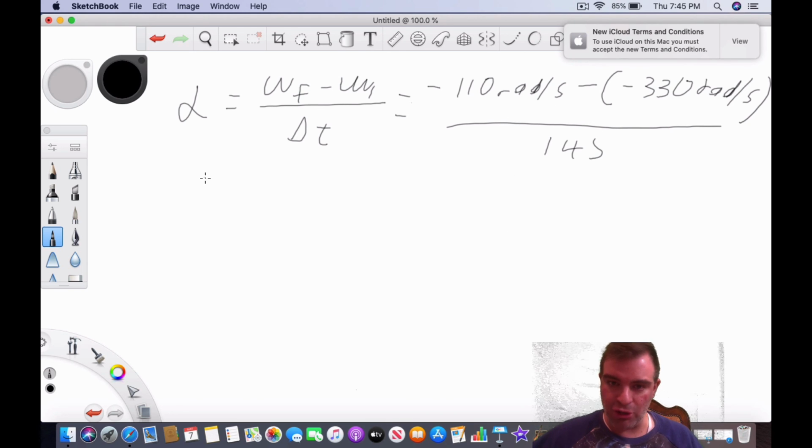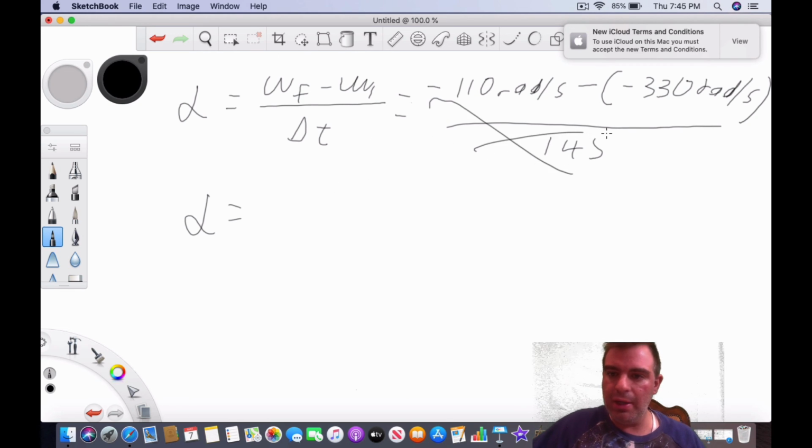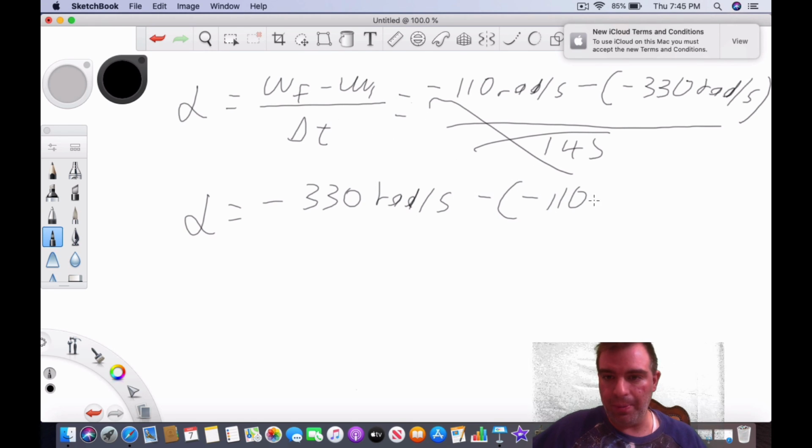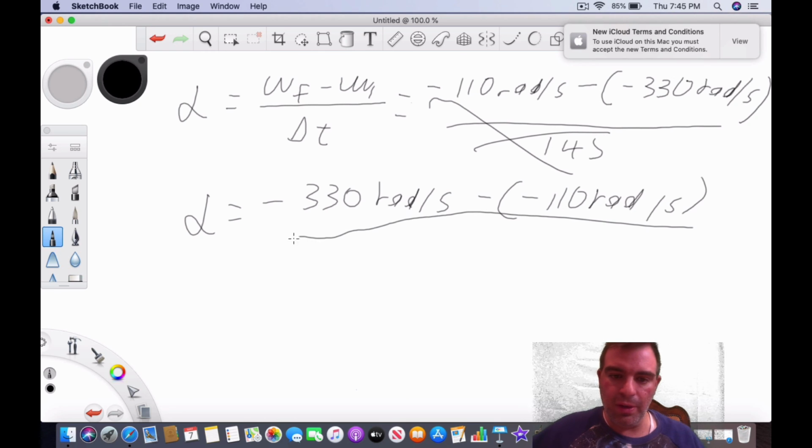I may have accidentally switched the two values. It is actually negative 330 rad per second minus negative 110. That's final and that's initial. Sorry about that. And we divide this by 14 seconds.